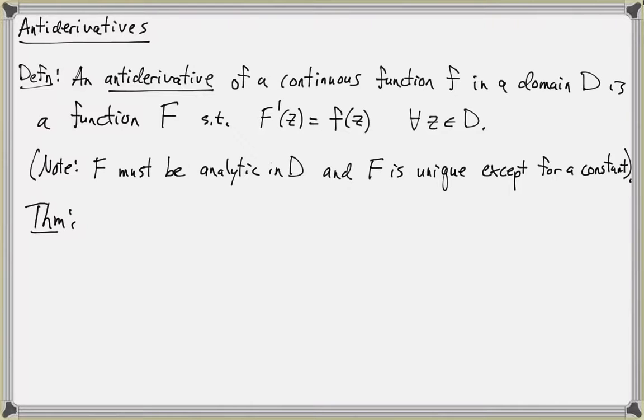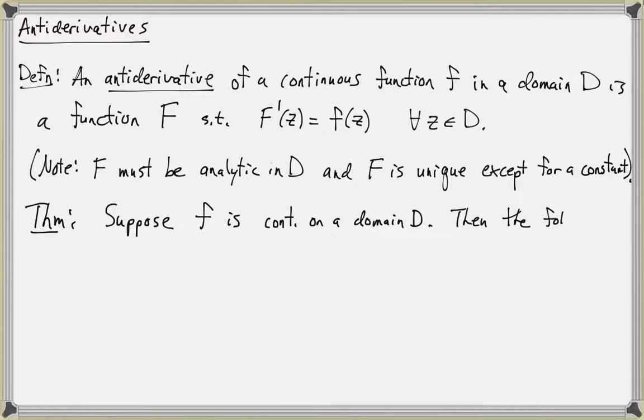So for a theorem, we're going to suppose f is continuous on a domain D. Then there are three statements that are all equivalent to each other. In other words, the following three statements are either always true or none of them are true.